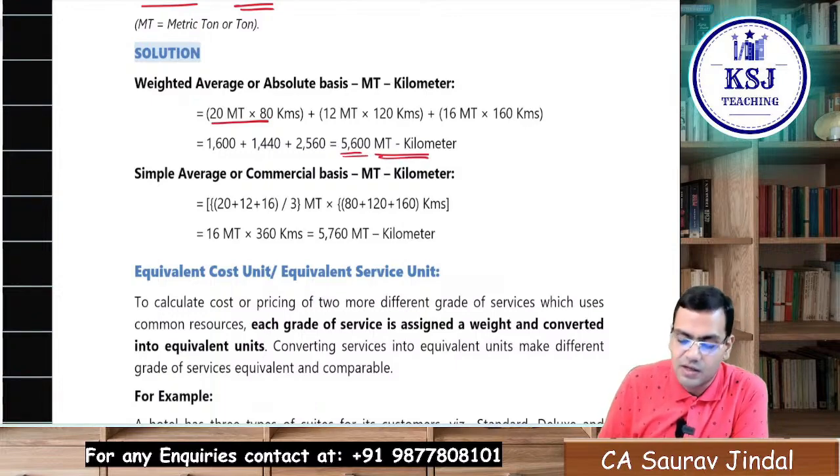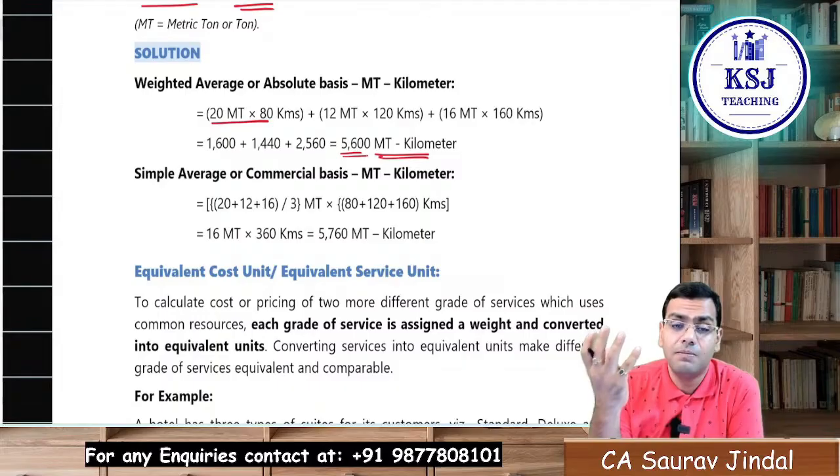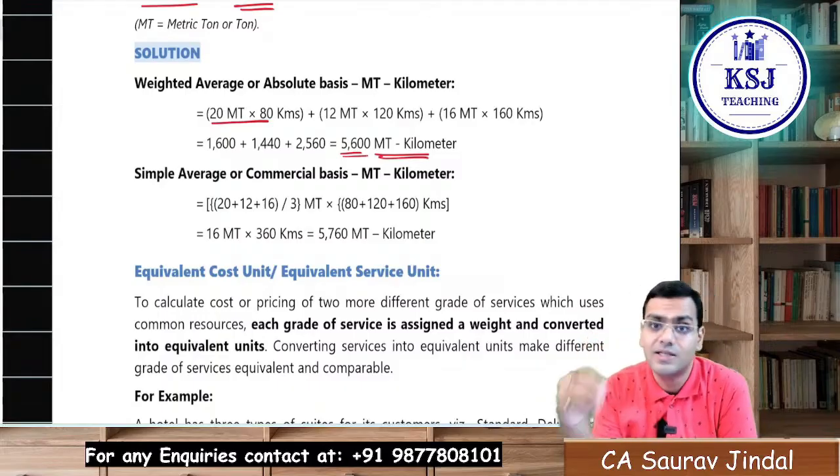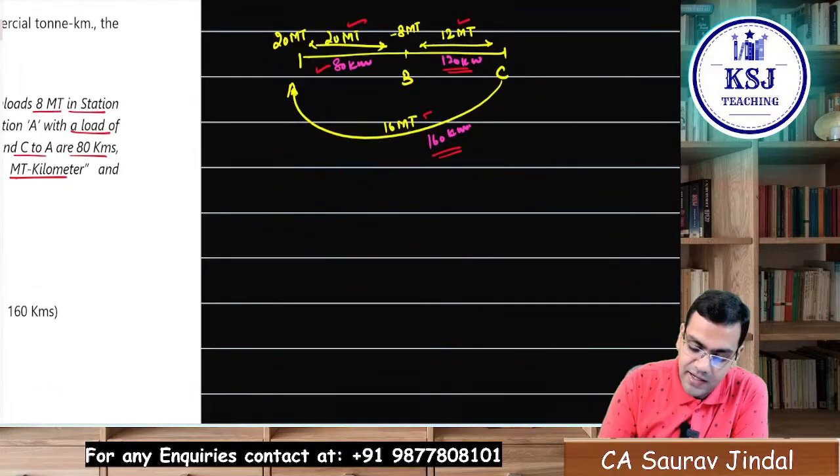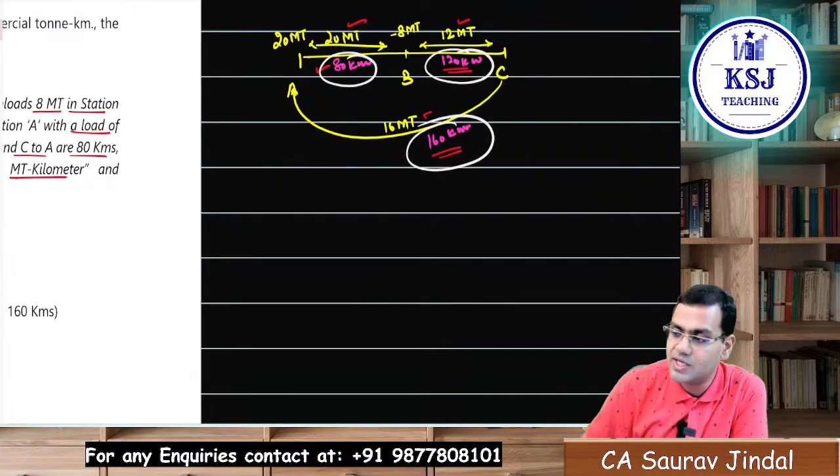In case of the commercial metric ton kilometer, how do we calculate? We calculate the average weight being carried over the total distance. What is the total distance? Total distance here is 80 kilometers plus 120 kilometers plus 160 kilometers.